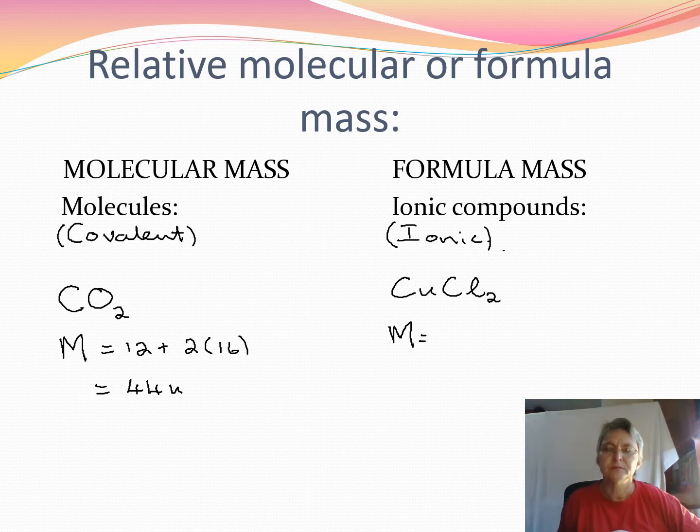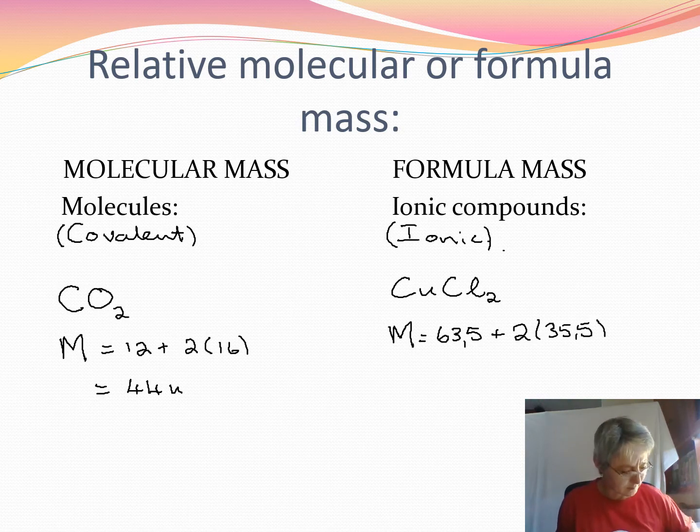Sorry, it's 63.5 plus 2 times 35.5. So it's 71 plus 63.5, which makes the formula mass 134.5 atomic mass units.